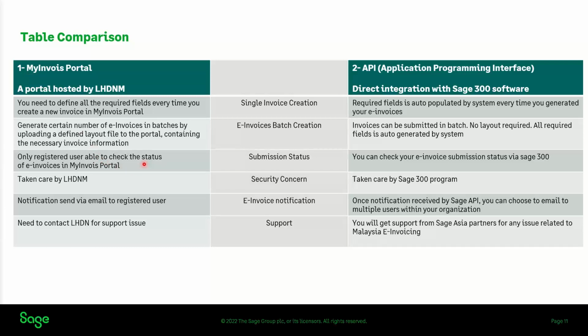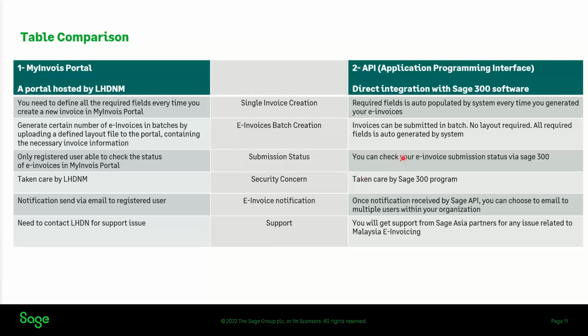The reason is that in most companies' current practice, when you register with a government website like the My Invoice portal, you will only assign one or two people from your organization. Only those people with access to the My Invoice portal can check your submission status.